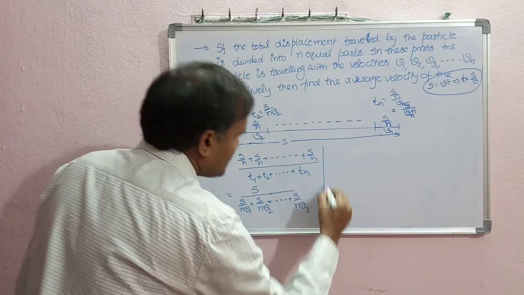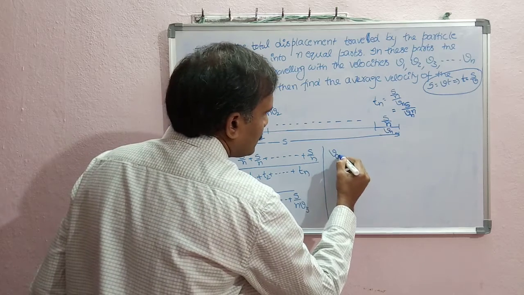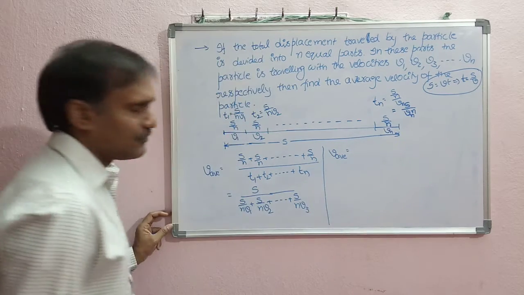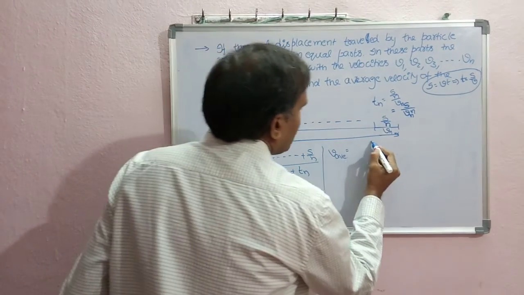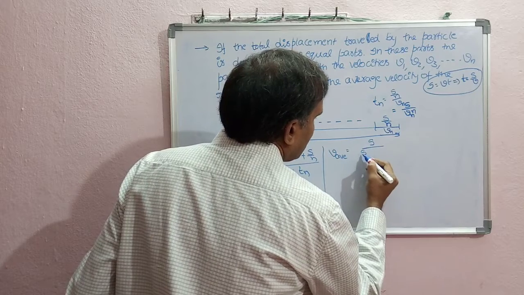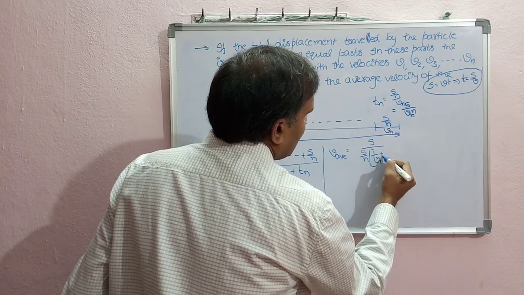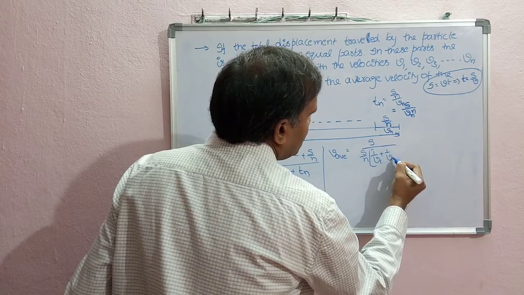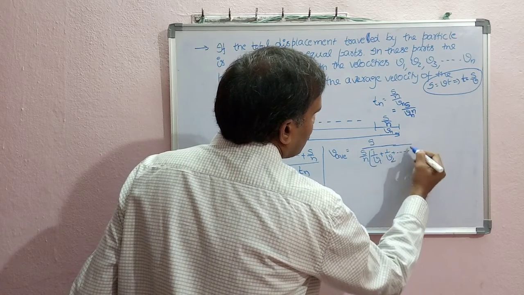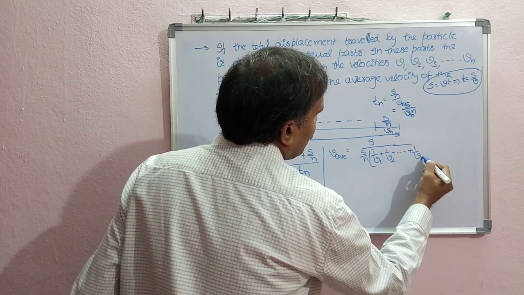Or V average is equal to S divided by S by N, taking S by N as common, 1 by V1 plus 1 by V2 plus so on 1 by Vn.